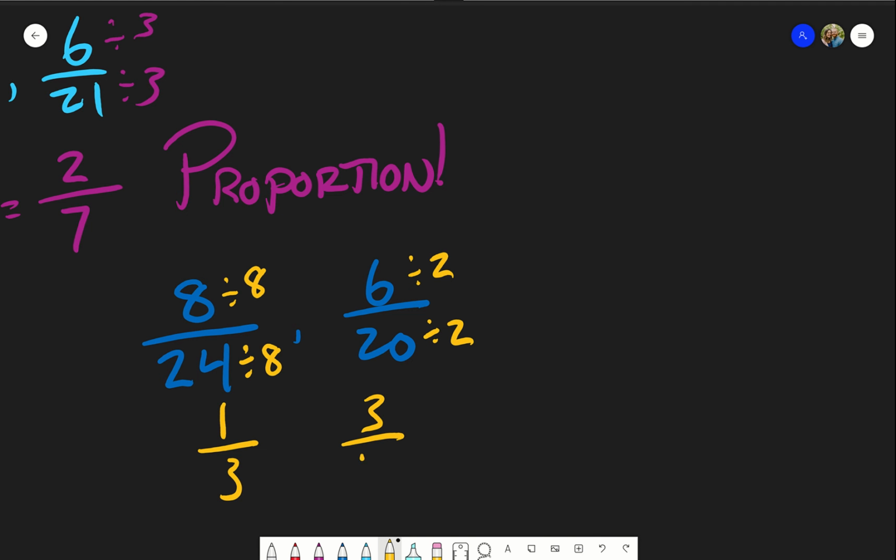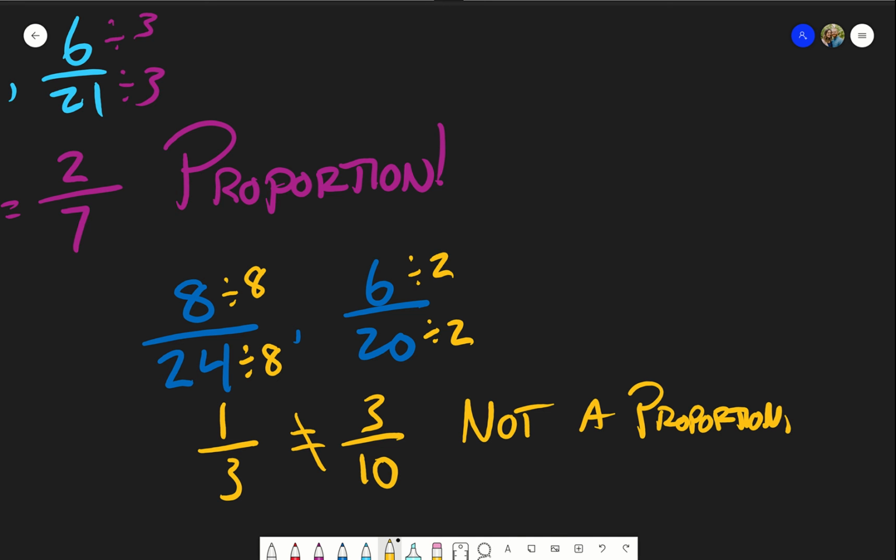This gives me 3/10. 1/3 and 3/10 are not equal. This is not a proportion. Not equal fractions or ratios, not a proportion.